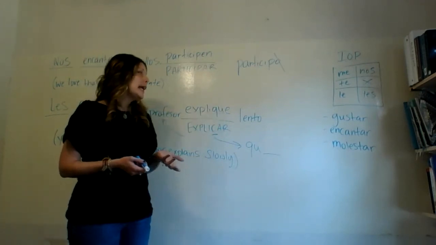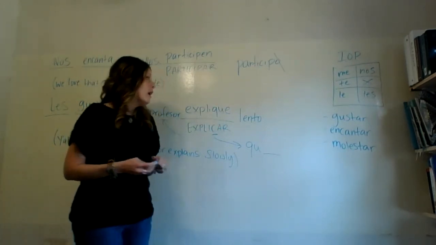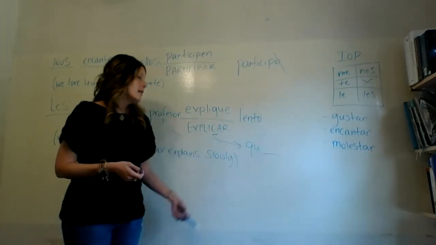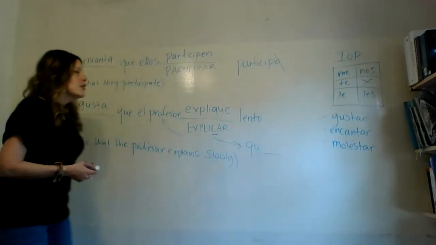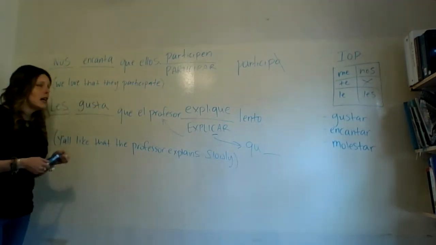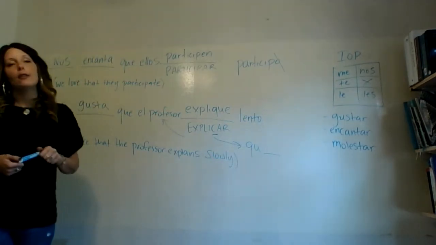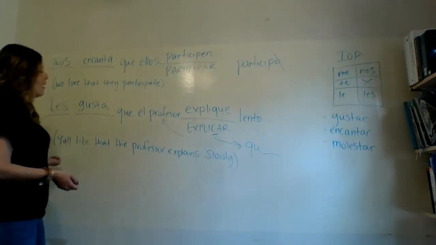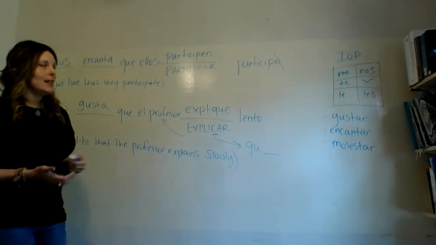So explique. And then our last word, lento, obviously means slow or slowly. So this sentence is, les gusta que el profesor explique lento. Les gusta que el profesor explique lento. Again, y'all like that the professor explains slowly.